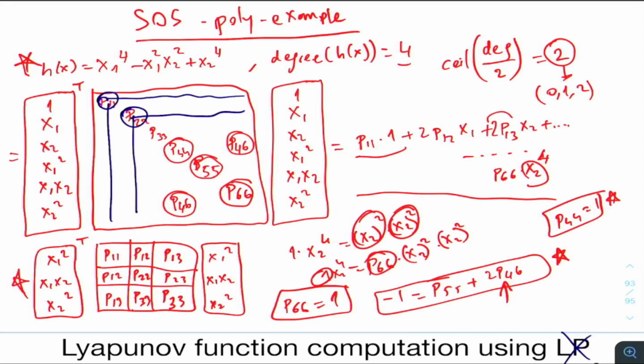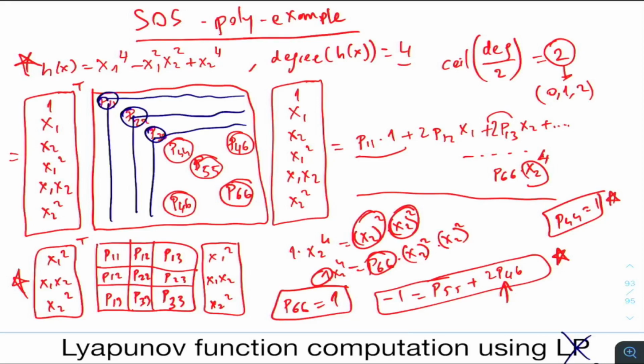Finally, this will be the final one, P33, after getting rid of P22. I'm 100% sure there must be a good term representing this for a matrix, but I cannot remember right now. And let's look at the P33 entry, and again this is 0, and the whole column is 0, and the whole row is 0.